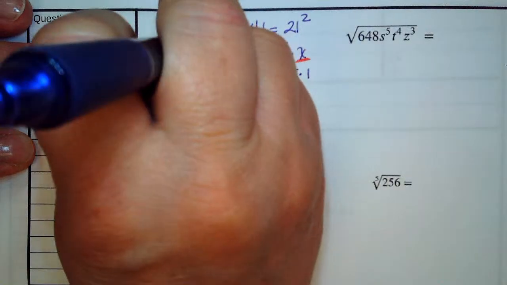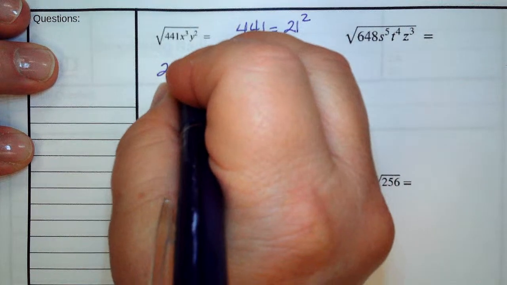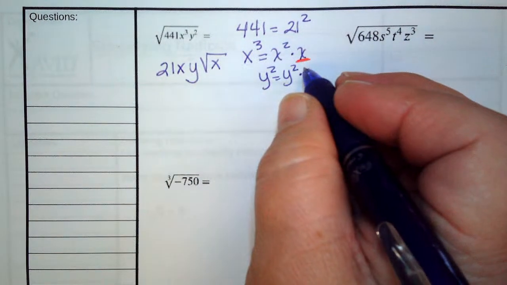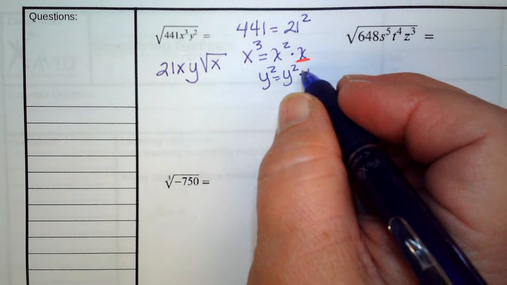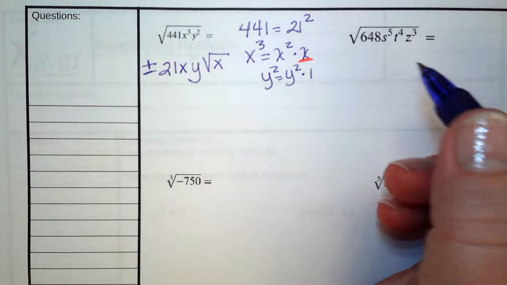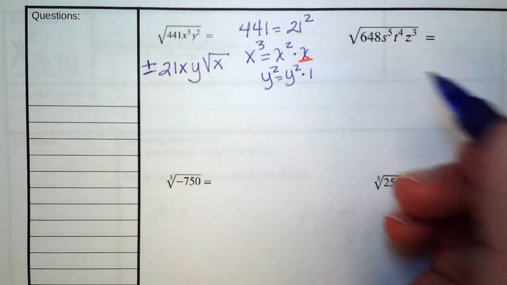I just bring 1 out, not 2. I've got y, because I've got a pair of y's. Then I've got the square root of x, which doesn't have a pair, left over. This is a positive or a negative 21xy square root of x.